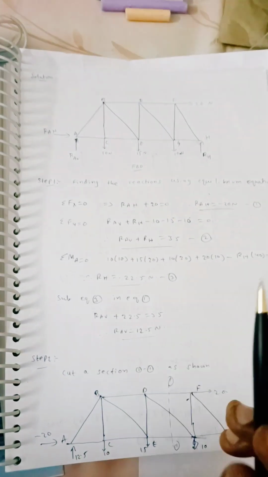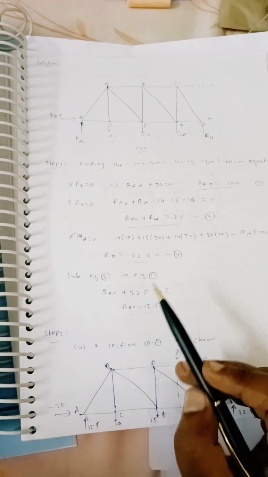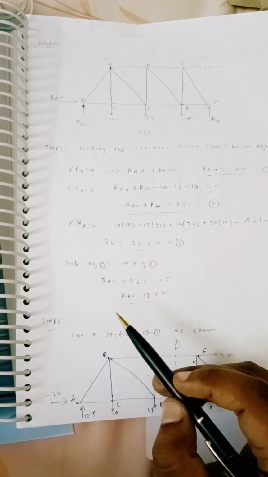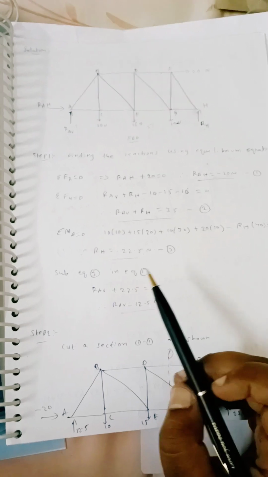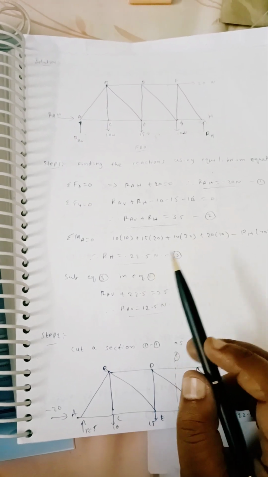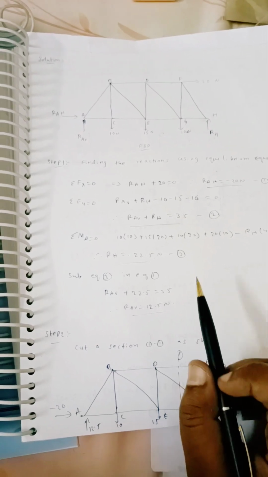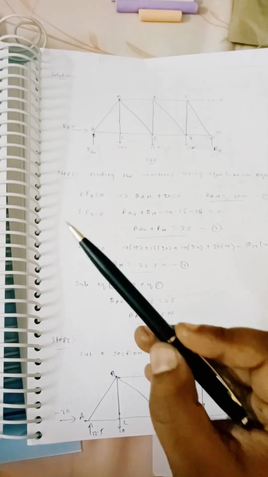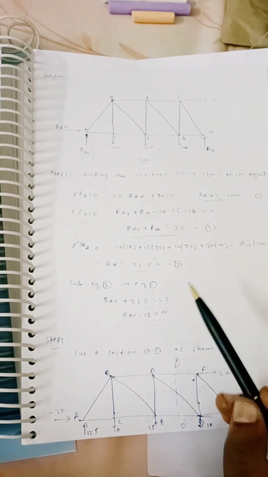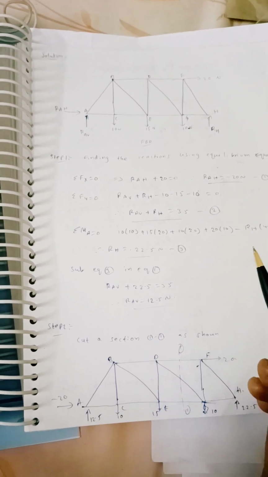Next, in the second step, what do we do in the method of joints? We select a joint which has two unknowns only, and start from there. We go joint by joint and draw the free body diagram at those joints. In that way we calculate the forces.